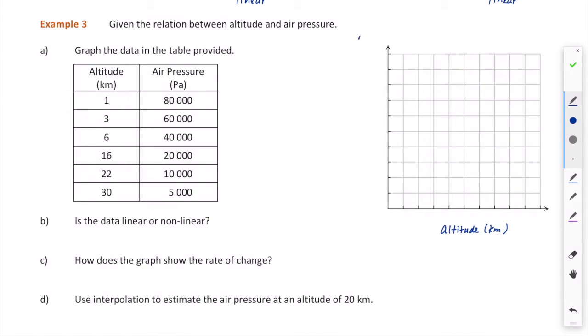And then your dependent variable will be air pressure. Okay. We have these numbers. We can go up by, let's see, we need 8 in total: 1, 2, 3, 4, 5, 6, 7, 8. Yeah, I think we have to go by 10,000.